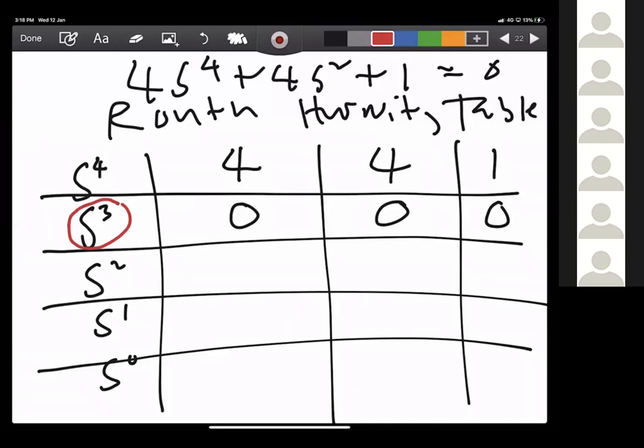Row of zeros. Medinik Herman, apa yang berlaku? Row of zeros.